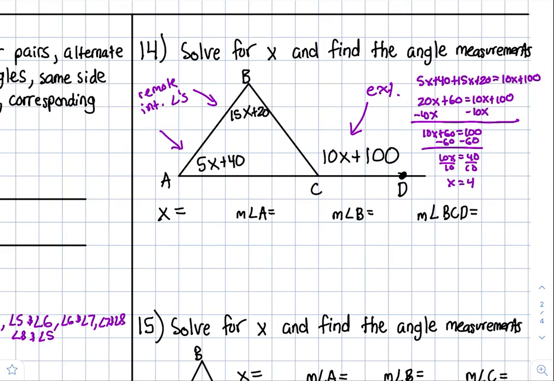X is equal to 4, and now you gotta find each angle measurement, right? For measurement of angle A, 5x plus 40, it's 5 times 4 plus 40, which gives you 60. So measurement of angle A is 60. Measurement of angle B, 15 times 4 plus 20, 60 plus 20, 80.